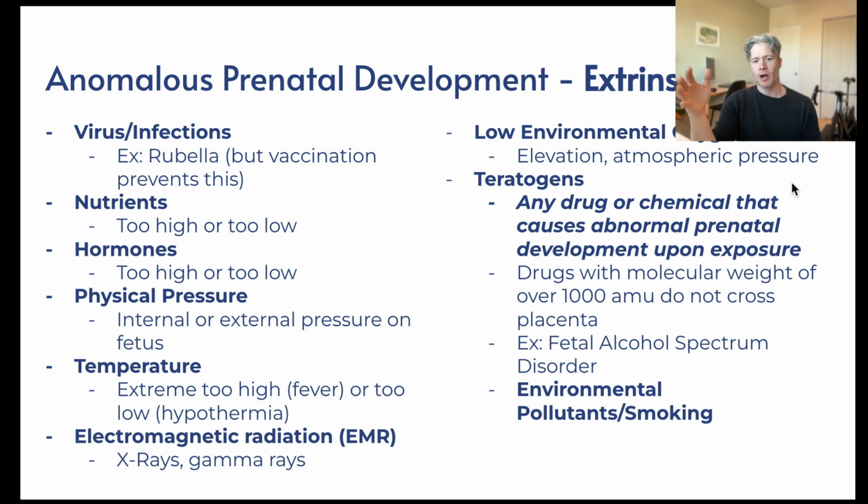We'll talk about some of the more common ones here, but I lumped in environmental pollutants and smoking with this too, because these are external drugs or chemicals that can pass through that barrier.